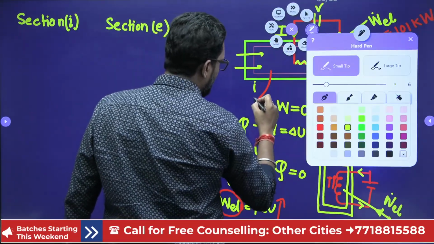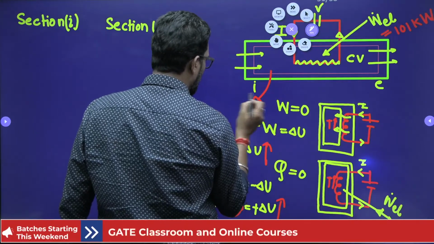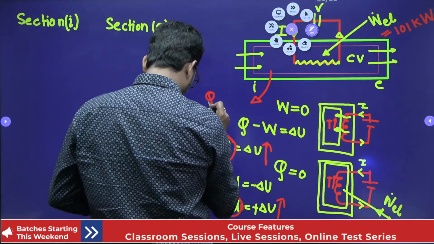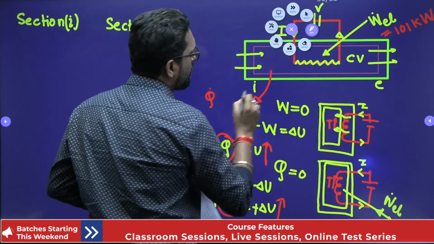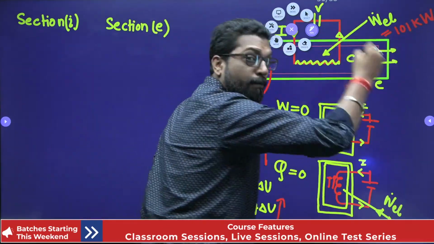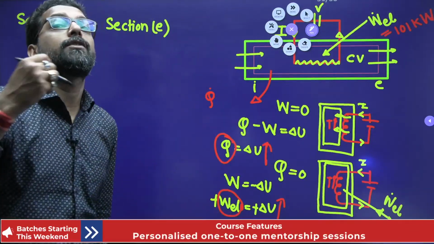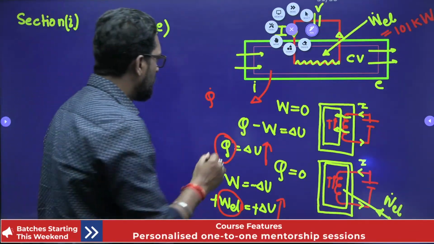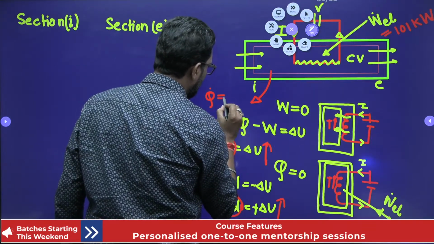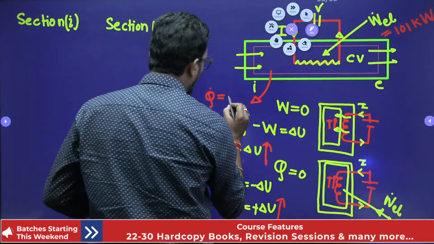This heat will be lost. That means Q dot. Why dot? Because this is watt, and watt is joule per second. So we have to consider energy transfer per unit second, not per unit mass. So Q is equal to, it is given, 51 kilowatt.